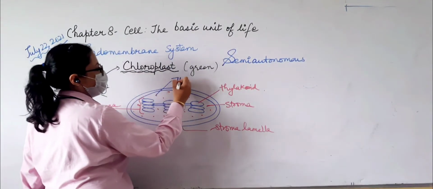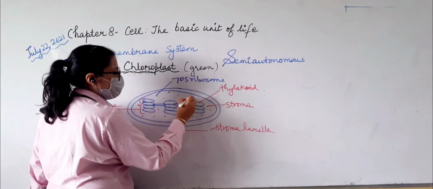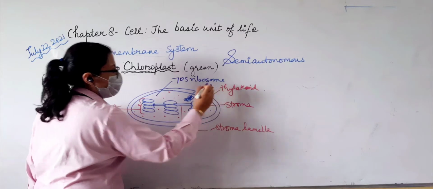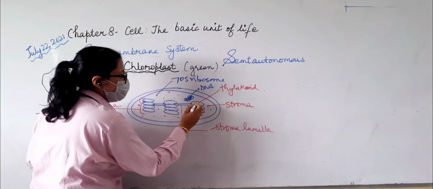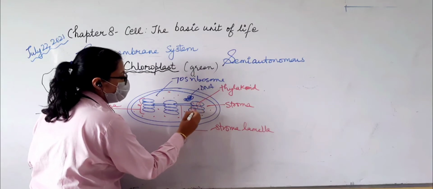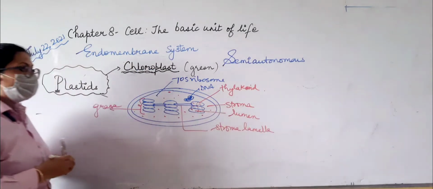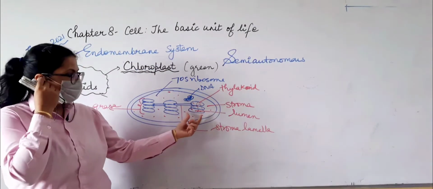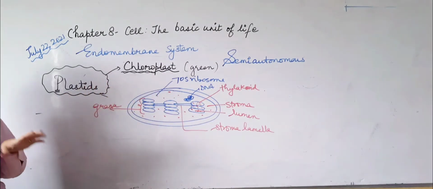Because again it has 70S ribosome and also its own DNA which is present in the stroma. Inside this thylakoid we can see now there is cytoplasm. Inside this also cytoplasm is there. This is called lumen. So lumen is inside this thylakoid and stroma is the cytoplasm of the chloroplast itself.